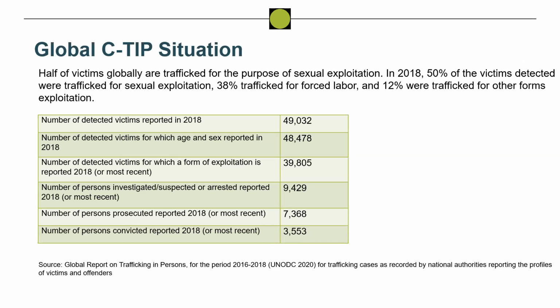But for today, we just want to take a glance at the global TIP situation as estimated by the United Nations Office on Drugs and Crime for the report that was published in 2020. And this is data from about 148 countries recorded from national authorities.